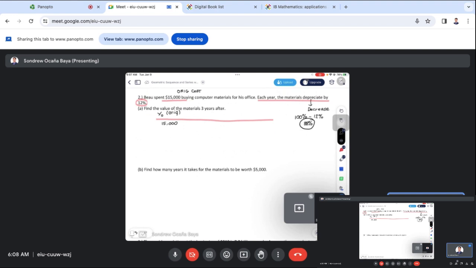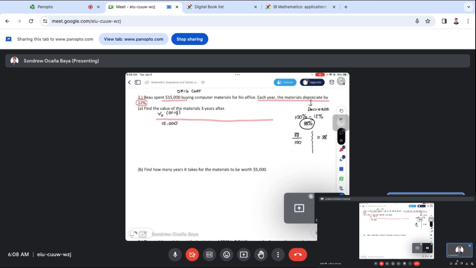So we convert this into two forms, usually decimal, but if you find that difficult, you can start with a fraction, 88 over 100, which could just be written as 0.88. This becomes our rate.